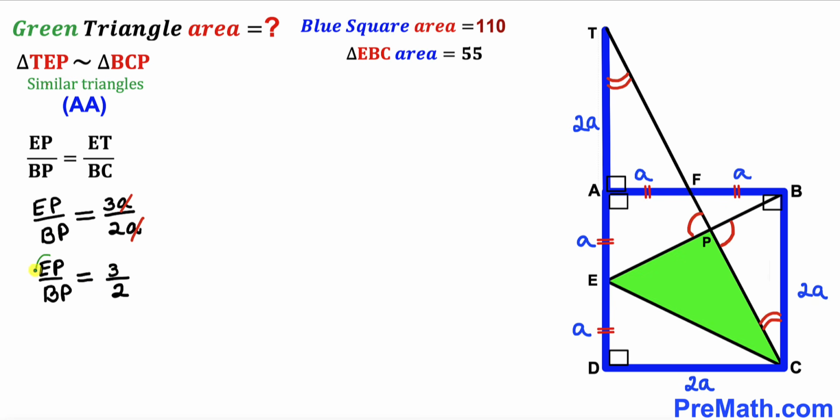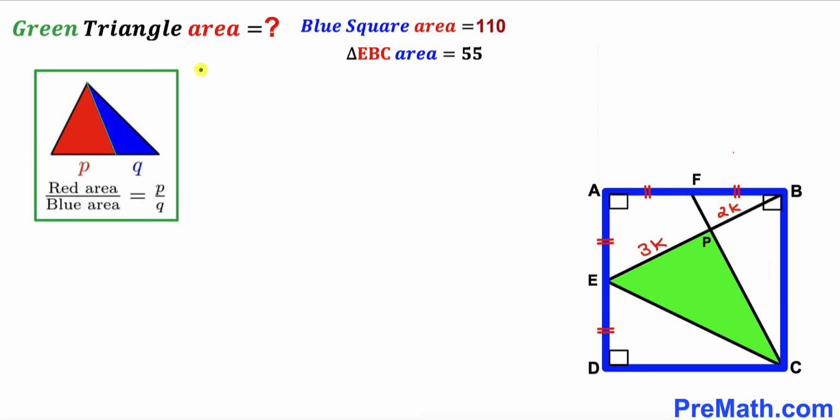Since this ratio equals 3 divided by 2, we conclude that EP segment length is 3 times some constant k, and likewise BP is equal to 2 times k as well.